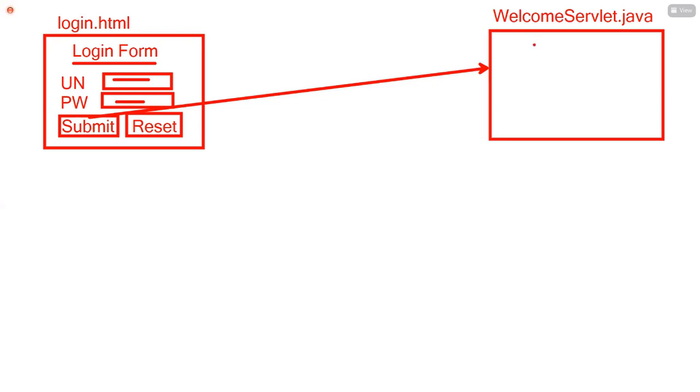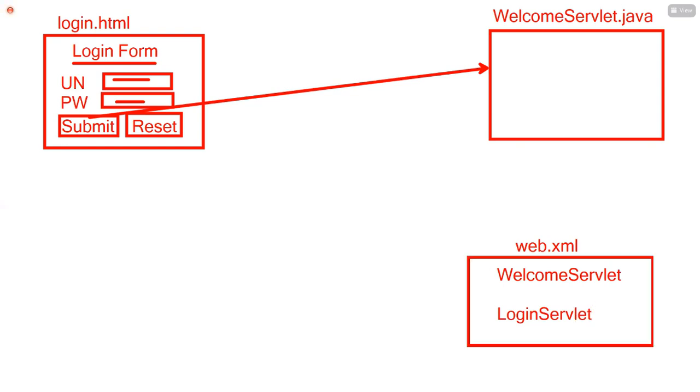Okay. Now in web.xml, what I'll do, whenever a request comes to the welcome servlet, divert the control to the login filter. Like that I'll write that in web.xml.